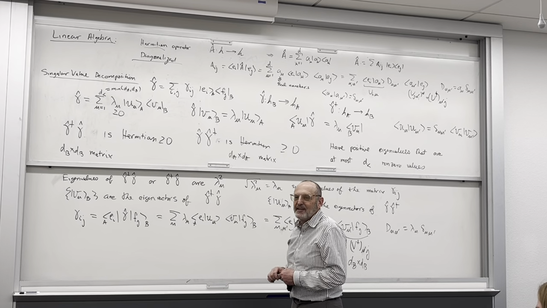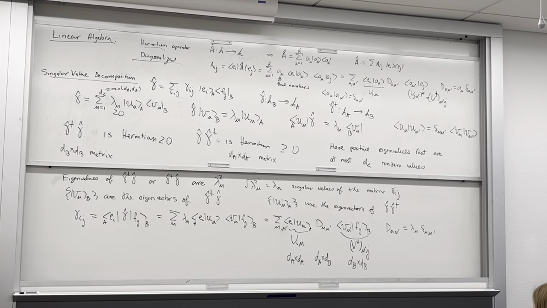Okay? And now I can sum over I and I can sum over J, and what I get is just the sum over mu, lambda mu, sum over I, that's complete. Sum over J, I get V mu star.